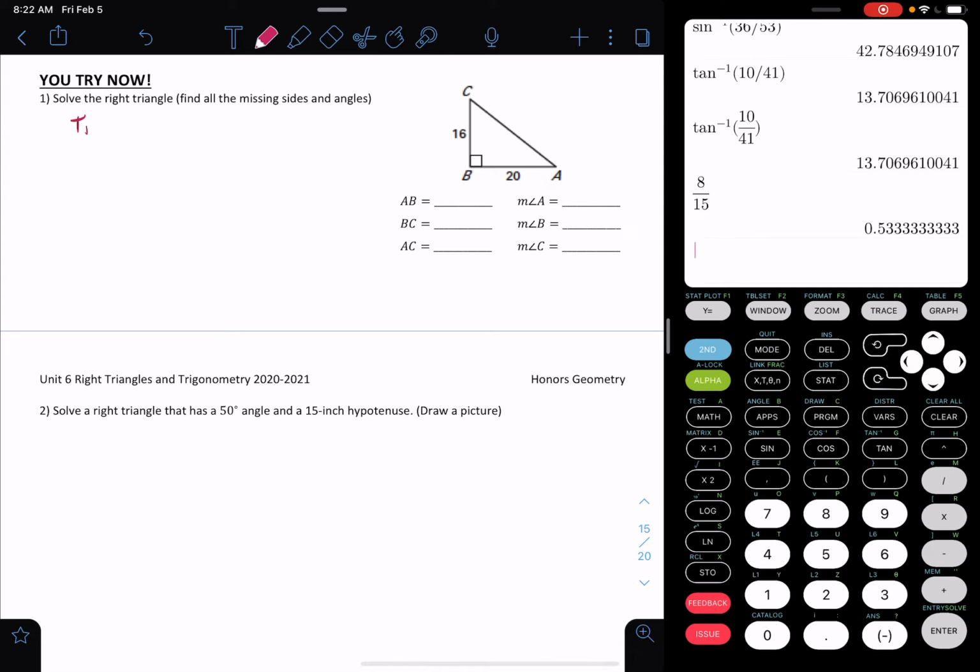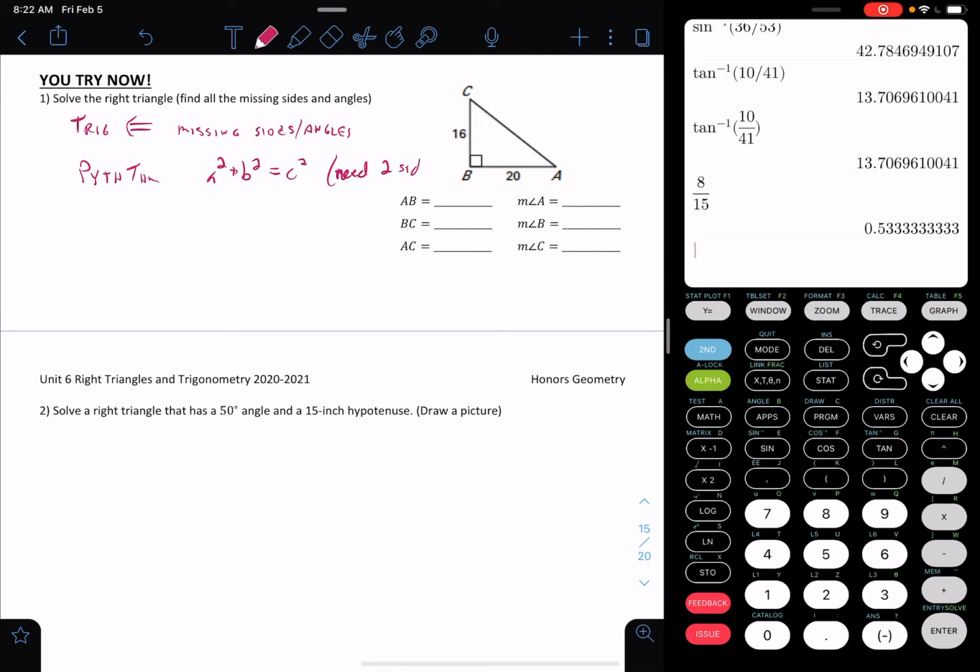You've got trig to solve for missing sides and angles. You've got the Pythagorean theorem. If you've got two sides, you can do a squared plus b squared equals c squared.